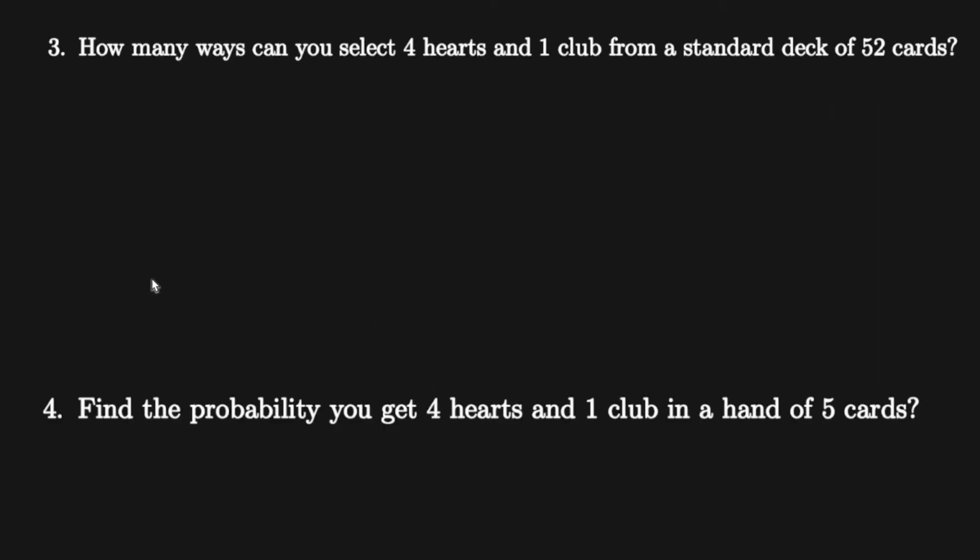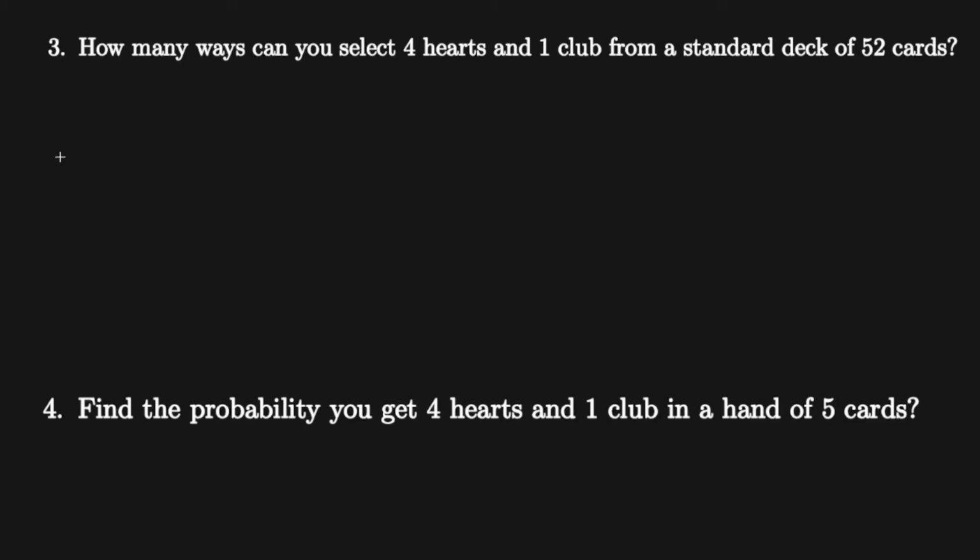Alrighty, so I cleared up some space, giving us more room for number 3 and 4. Here we have number 3, saying, how many ways can you select 4 hearts and 1 club from a standard deck of 52 cards?